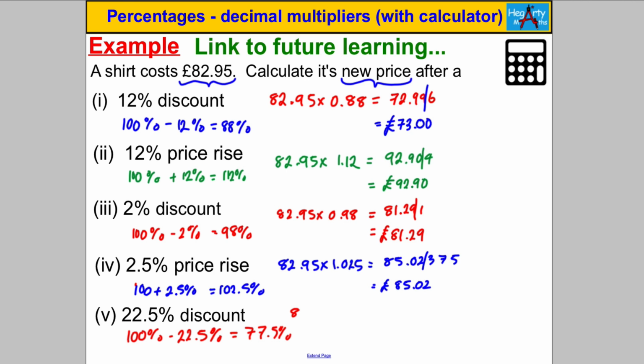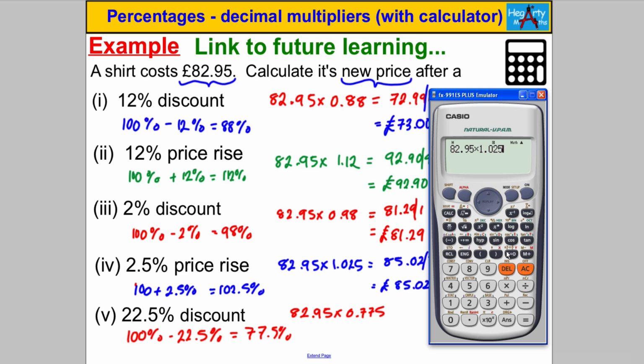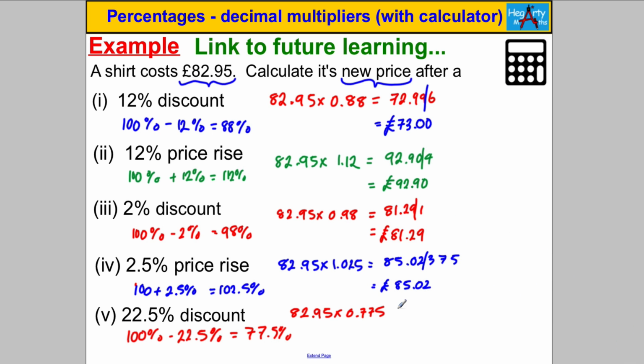So we're going to take 82.95 and we're going to multiply it by 0.775. Calculator out. And we get ourselves the following answer, 64.28625, which when we round it we're going to get ourselves £64.29.